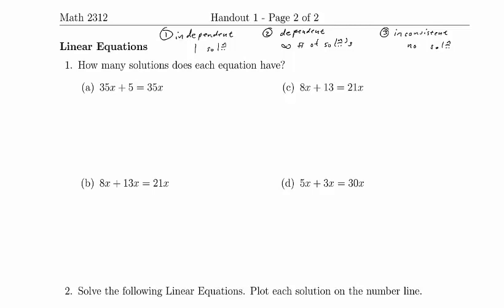Or if you get something that is simply a truism, such as 1 equals 1, then that would be indicative of it being dependent and having an infinite number of solutions. Whereas if you work it out and you get only one solution, clearly you have an independent equation.